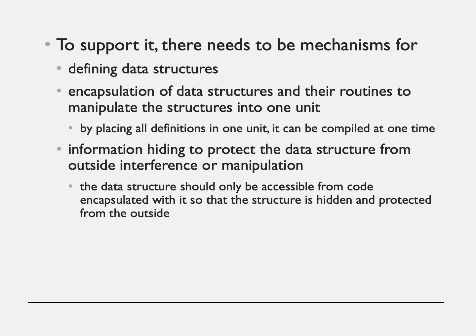Second, we need encapsulation, that is bundling the data structure together with the functions or procedures that manipulate it. When we encapsulate definitions like these into a single unit, such as a class or module, we can compile or load everything at once, making our code more modular and maintainable.